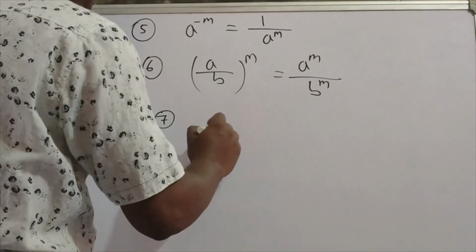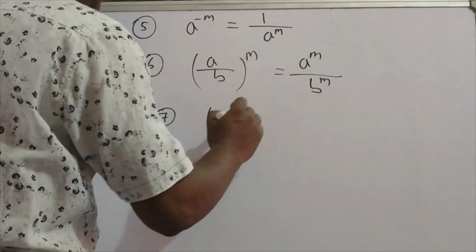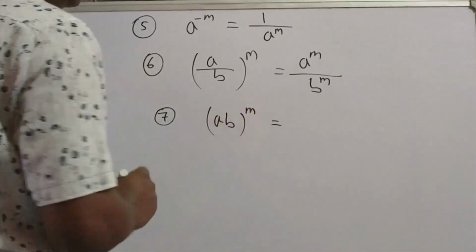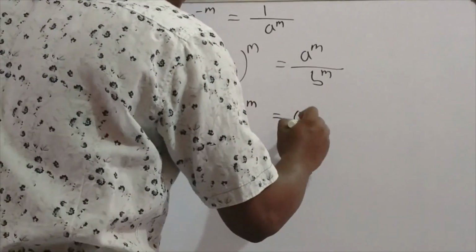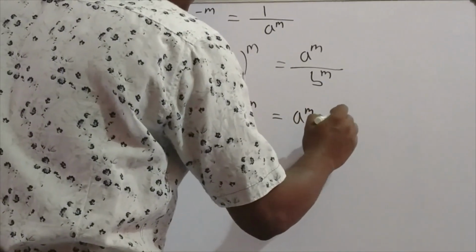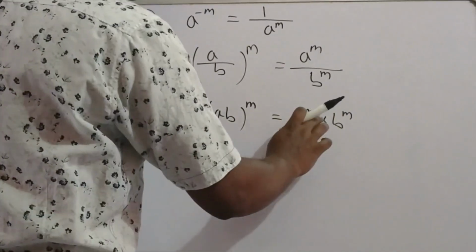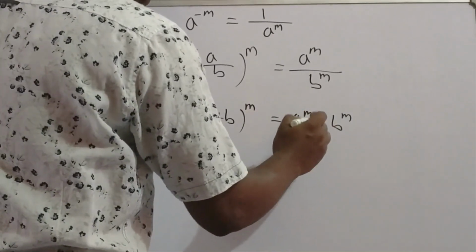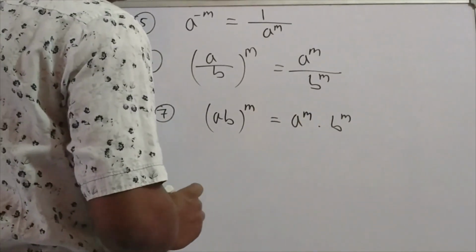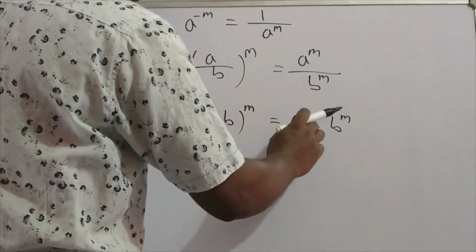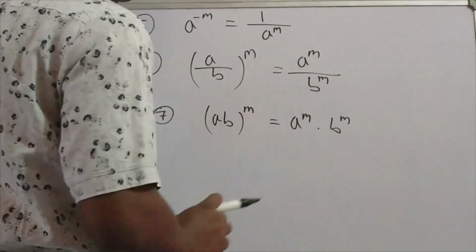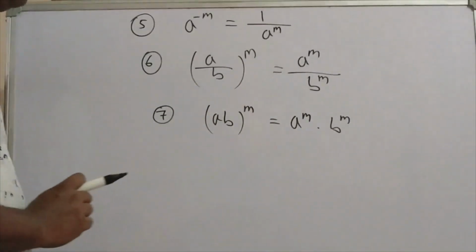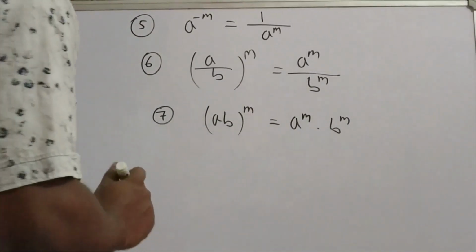Suppose ab to the power m. Here multiplied, whole power. So you can separate the power, a to the power m into b to the power m. Many cases in the question, multiplied sign not given, a dot is given. This dot means multiplication, you have to understand. Many cases is not given multiply sign, just given the dot. So you have to understand that a to the power m into b to the power m. This is the seventh formula.